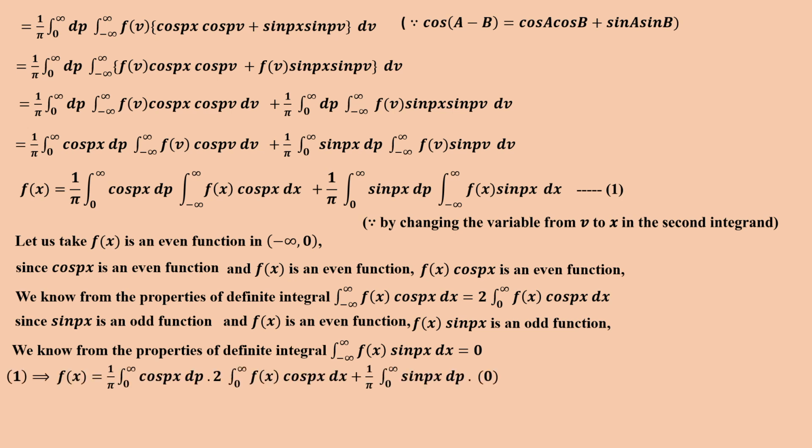Using these ideas in 1, f(x) is equal to 1 by pi integral 0 to infinity cos px dp into 2 times integral 0 to infinity f(x) cos px dx plus 1 by pi integral 0 to infinity sin px dp into 0, which is equal to 2 by pi integral 0 to infinity cos px dp integral 0 to infinity f(x) cos px dx.